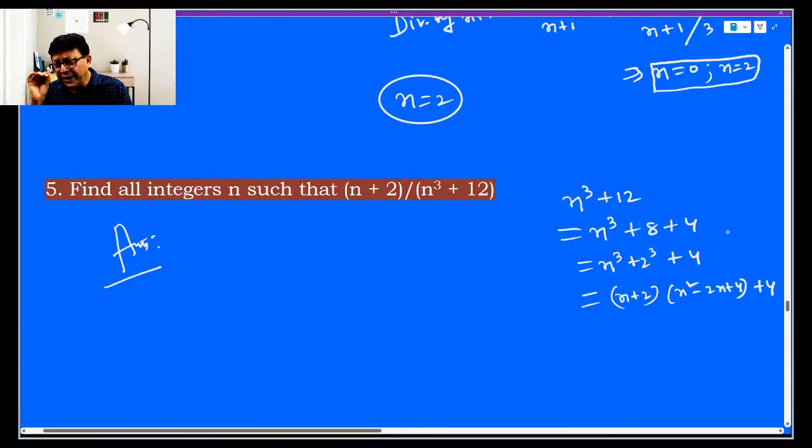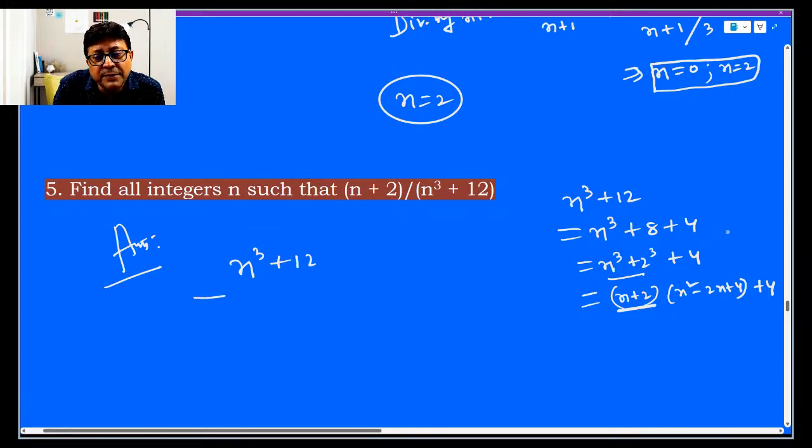I have used a very common method over there: to prove it is divisible by n plus 2, I am separating this. n cube plus 2 cube is always divisible by n plus 2. So when you are writing n cube plus 12, it has become (n plus 2) into (n square minus 2n plus 4), plus 4.